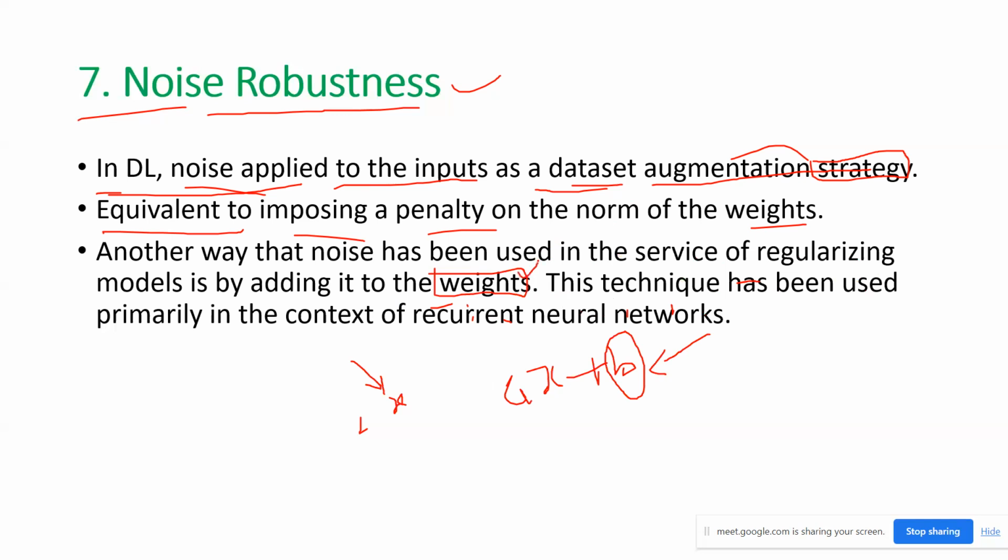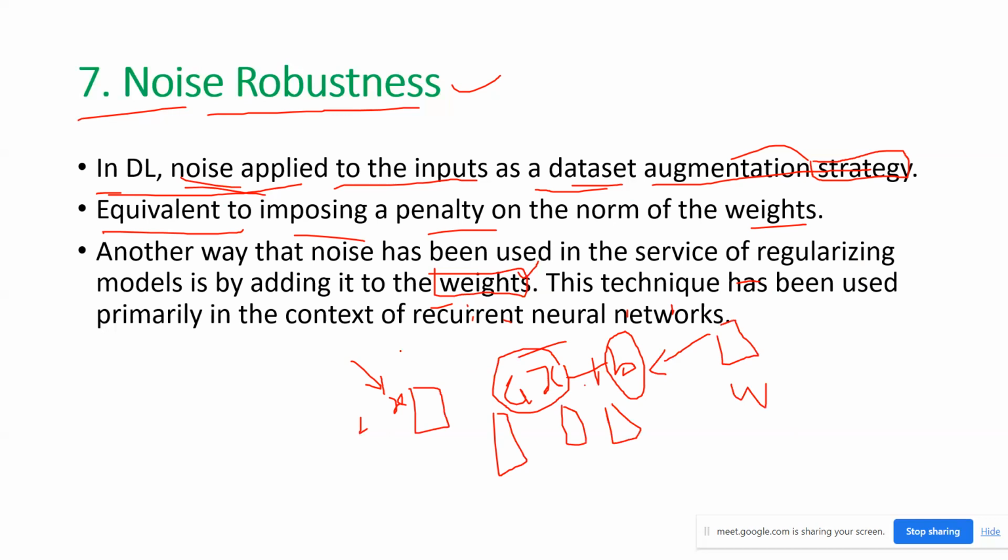Adding noise to the weight values is a better technique than adding it to the input value. Adding noise to the input value is not a better procedure. Adding noise to the weight value gives a better procedure, because weight values exist at different levels, whereas input values exist only at the input level. So there are the input layer, second layer, third layer, fourth layer, and output layer.